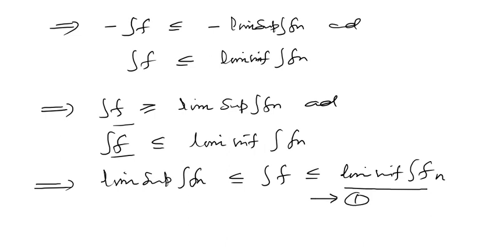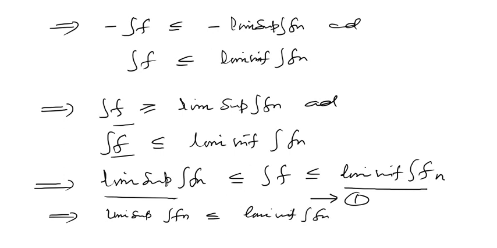Okay, let's name it 1. So here we have seen that the limit superior is less or equal to the limit inferior, so this gives the limit superior of the integral of fn is less or equal to the limit inferior of the integral of fn.